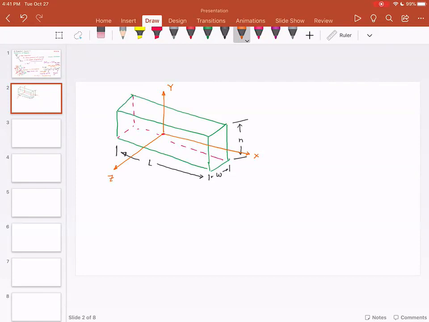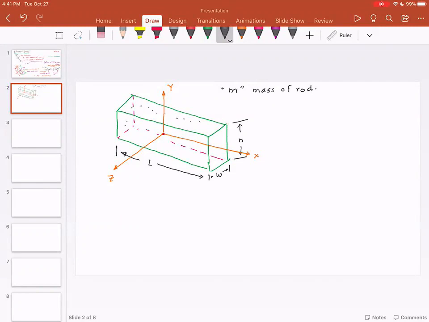Assume the mass of the rod is m, and this is the total mass which is distributed everywhere. If you were to add all the particles' masses, the total mass is m. We have found the CG, and it is at half of length, half of width, and half of height.